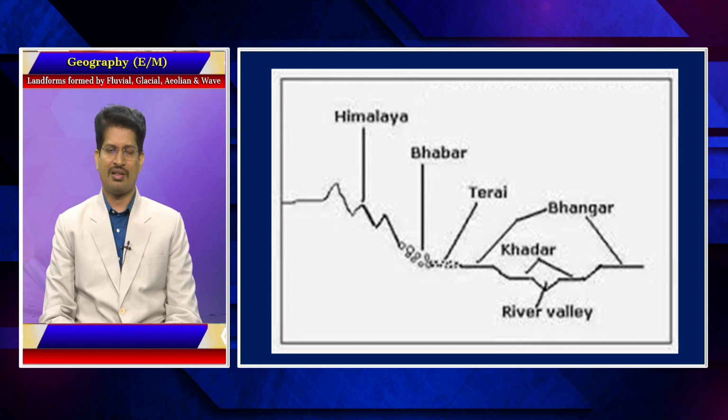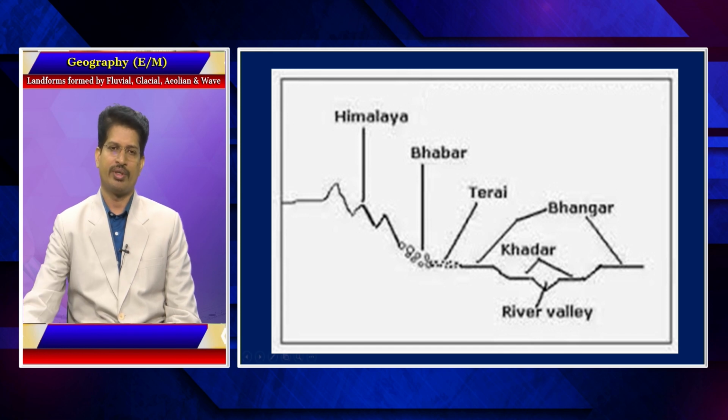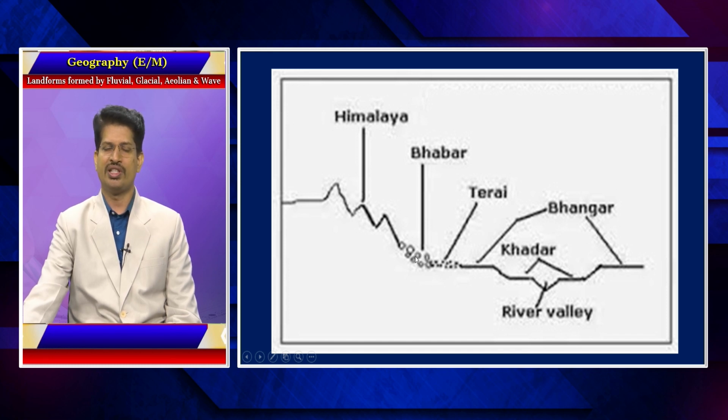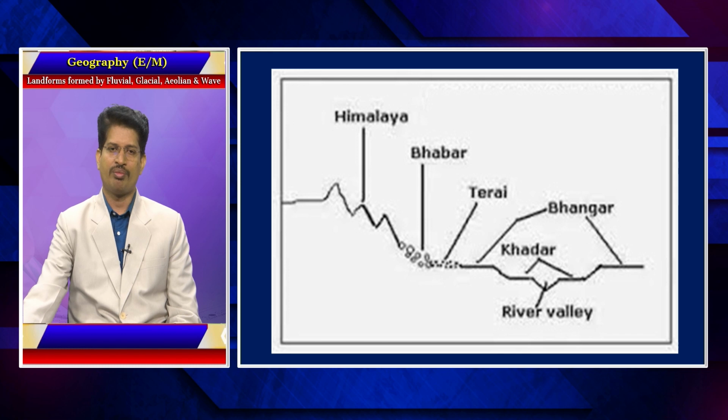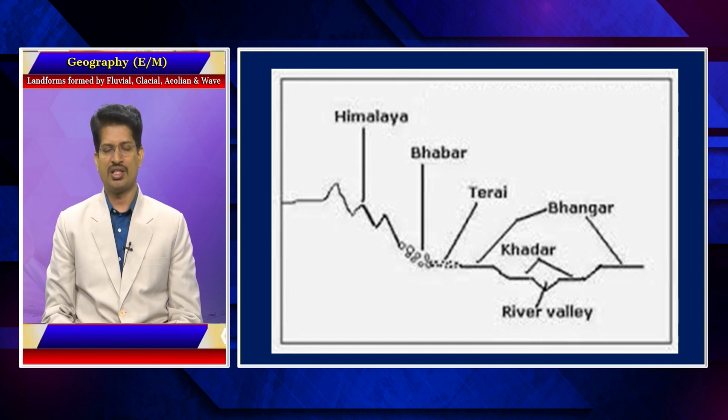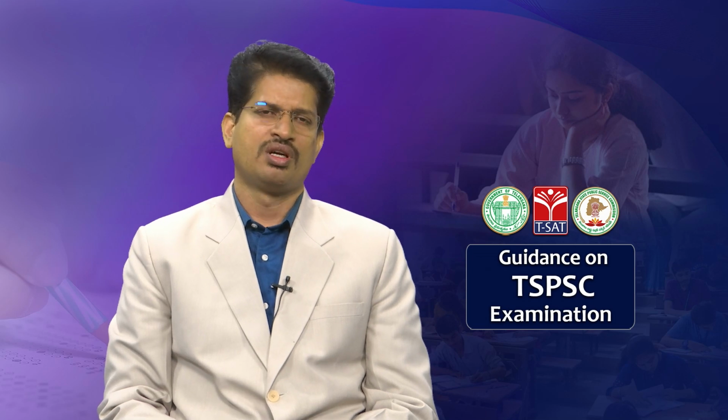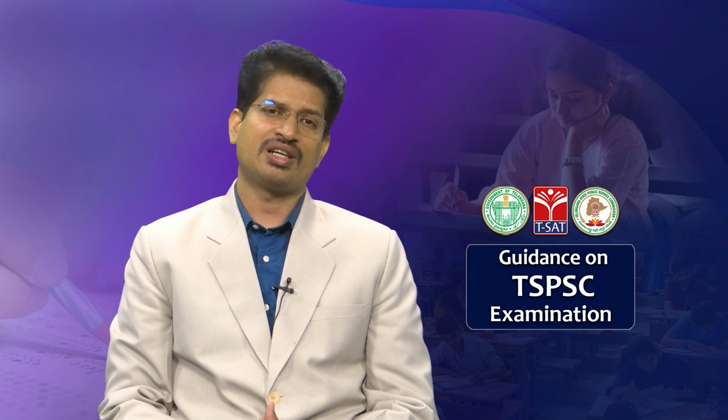These larger boulders with pebbles left over at the foothills are known as Bhabar. In this Bhabar, because of the large pore spaces between the rocky material, the flowing streams disappear, and the disappeared streams reappear, forming a swampy, marshy terrain known as Terai. So Bhabar will be at a higher elevated region and Terai at a lower region, which is the result of the filling up of the pore spaces of the rock with silt and clay.